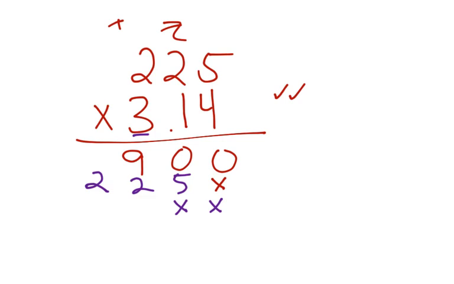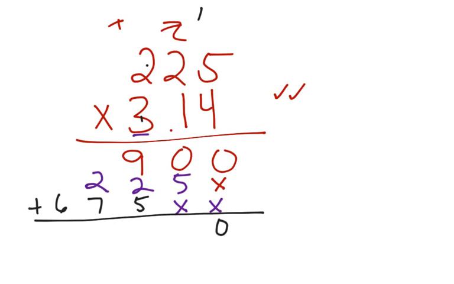So now I'm going to multiply 3 times 5, which is 15. Carry the 1. 3 times 2, which is 6, plus 1 is 7. And 3 times 2, which is 6. Now I can add all my numbers together. 0, 5, 16, 10, and 7.